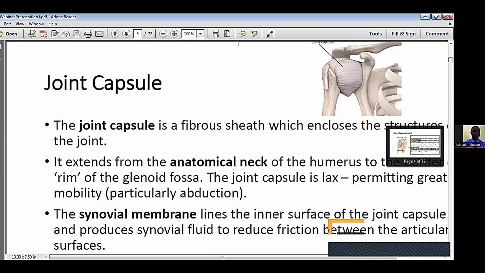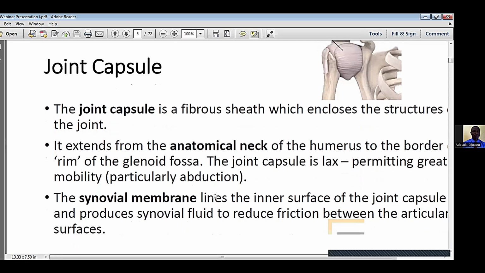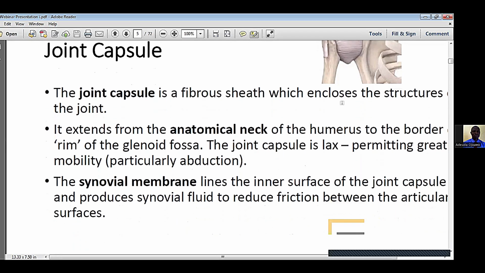Inside the capsule, as you are looking at it, you can see my cursor. Inside the capsule, we have the synovial membrane. The synovial membrane lines the surface of the capsule. Do you understand? And inside it, we have the synovial fluid, which reduces the friction between the articular surfaces of the joint.